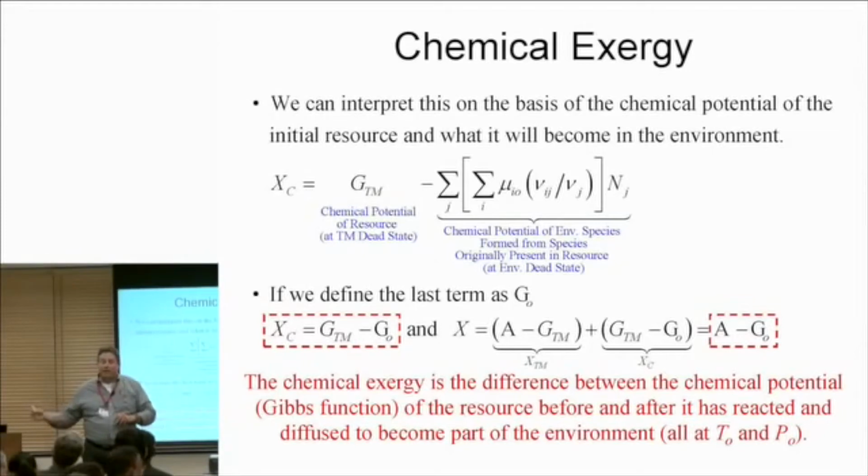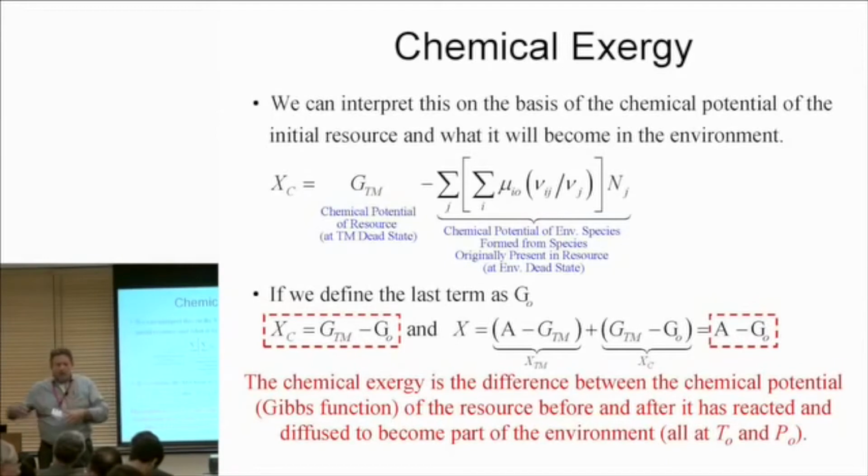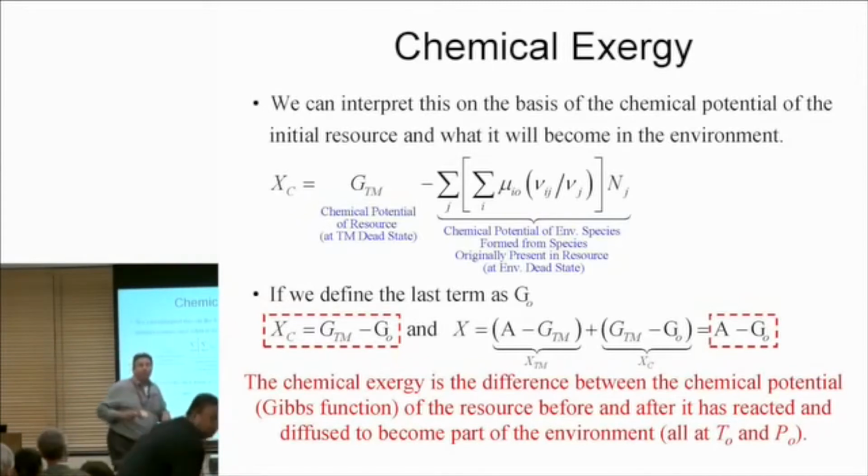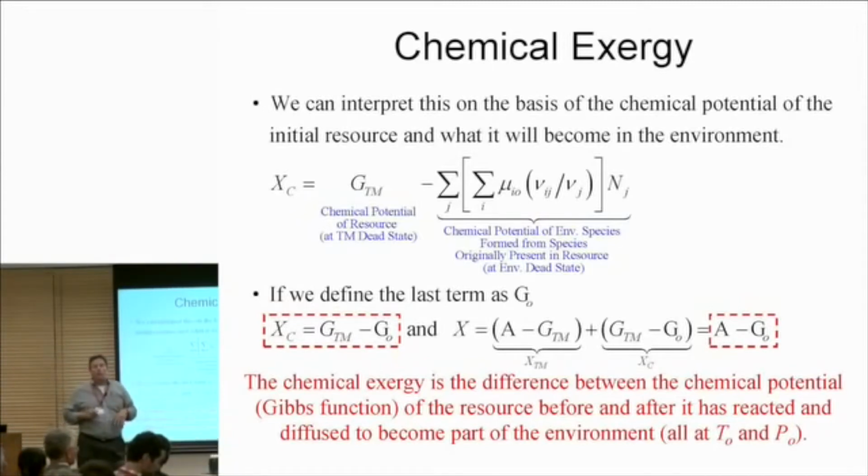Then you have a problem patching it up and saying, well, so much of this gets to react, so much of this doesn't. Now what am I going to do? So you can get there, but it's easier to get there this way. But if you're running with excess air, it turns out that the amount of diffusive work you can get out is very small. We'll get there.